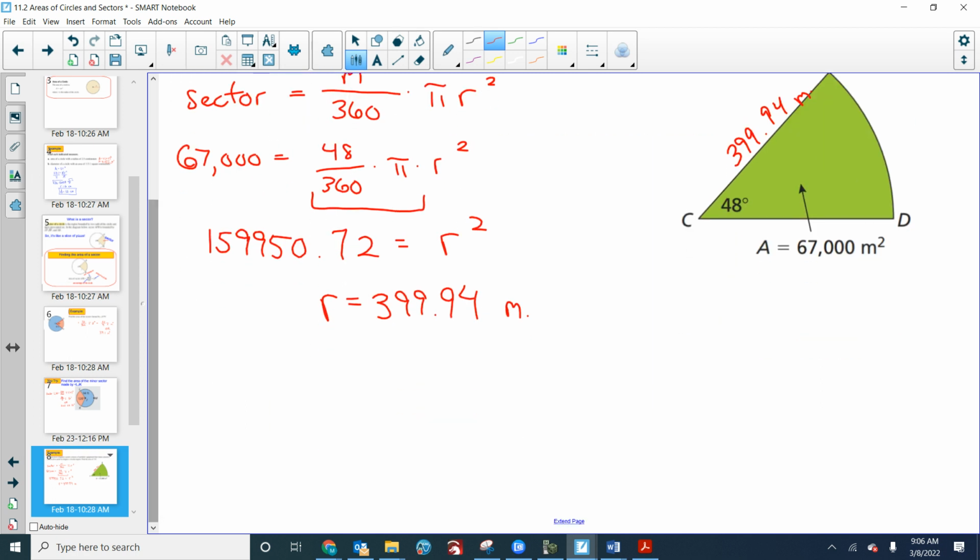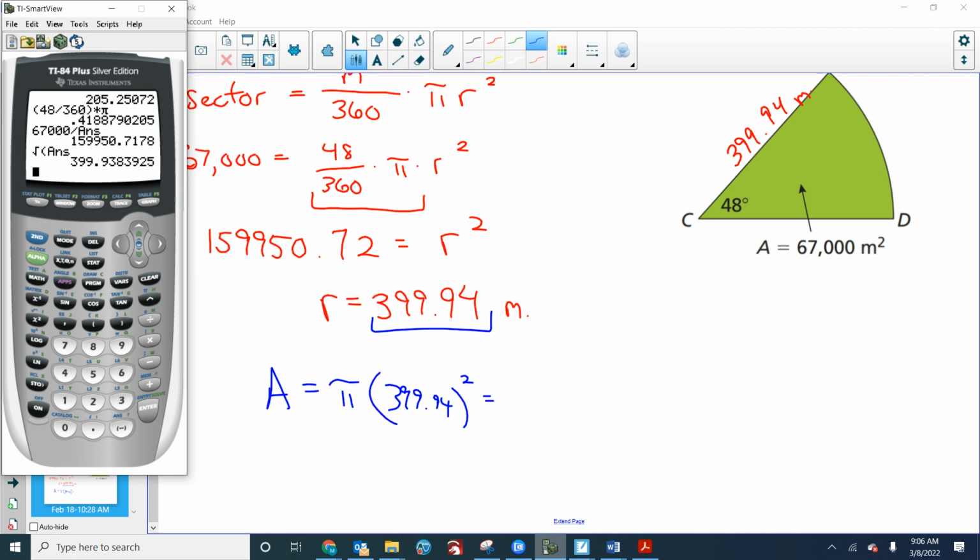So the area of the whole circle is pi times that 399.94 squared. Now, again, if you are strategic when you type things in your calculator, I'm not actually typing in 399.94. I'm taking that whole decimal, right?